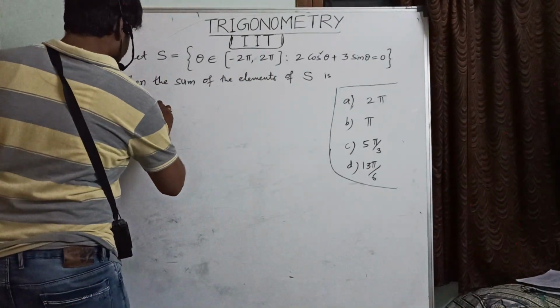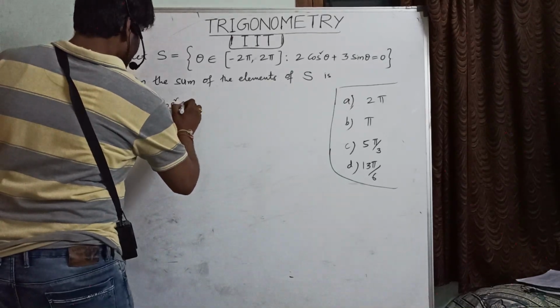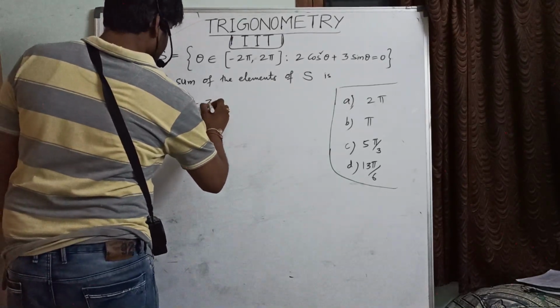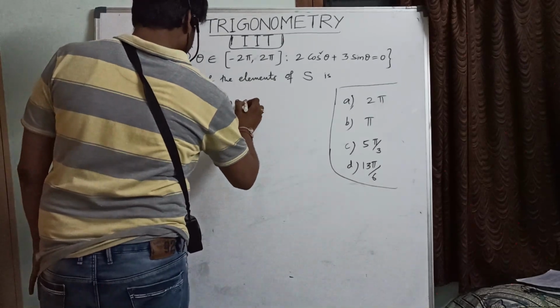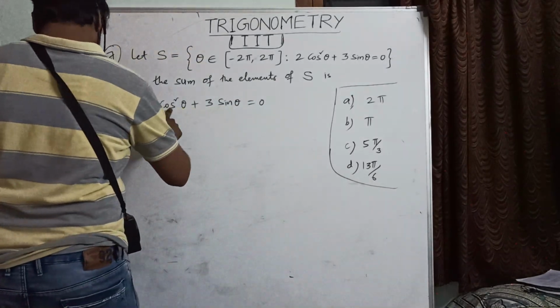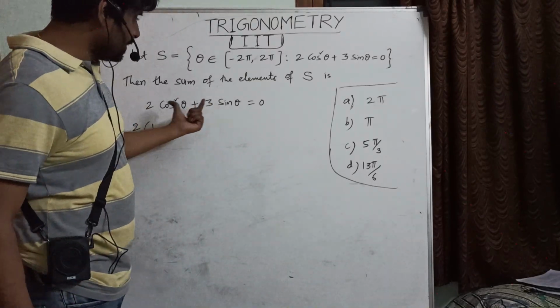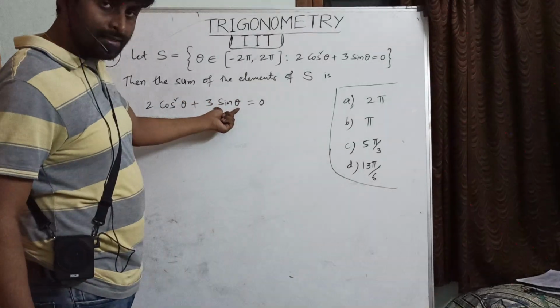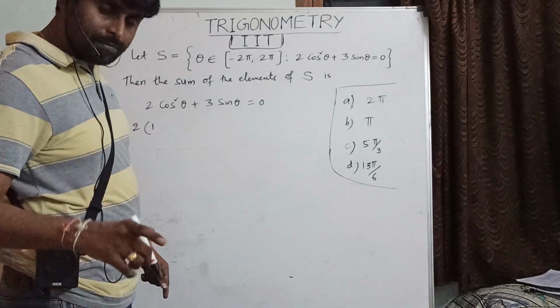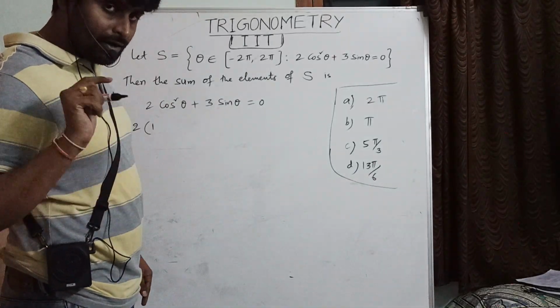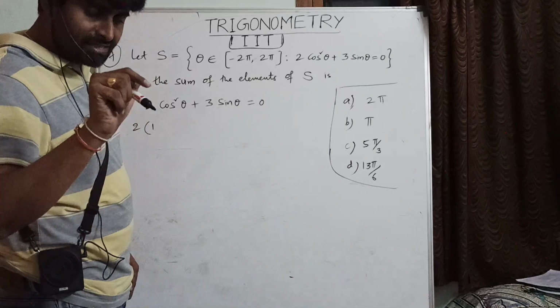Okay, so let us go forward to solve this. So 2 cos square theta plus 3 sin theta equal to 0. Okay, so cos square theta, how can I write? 1 minus sin square theta. Because here what is the single term? Sin theta. So this also we can convert into sine. So that we'll get a quadratic equation in sine. That is the benefit.